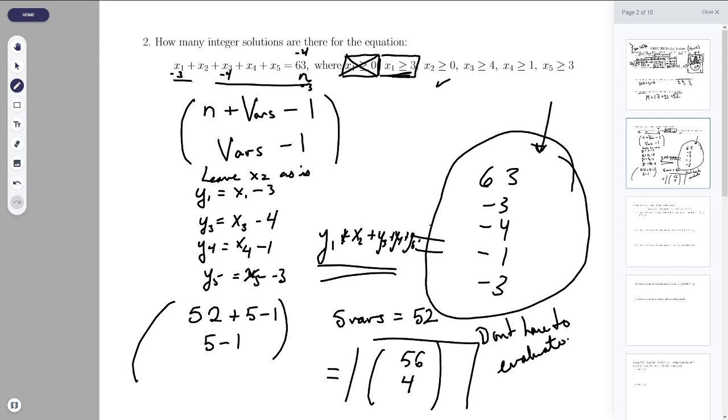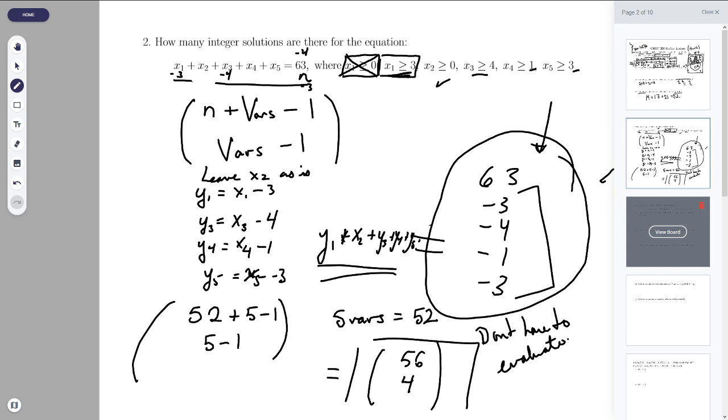For x3, we have to subtract off 4. For x4, we have to subtract off 1. And from x5, we have to subtract off 3. So that's what we're doing there. And then we realize that our equation is not all of these things equals 63. If we subtract off these values, it's actually all these things equals 52.